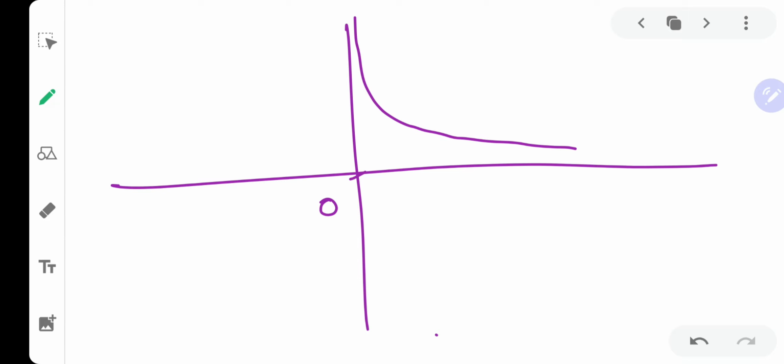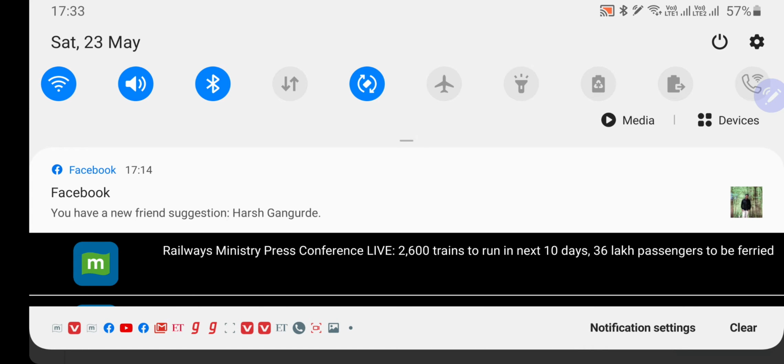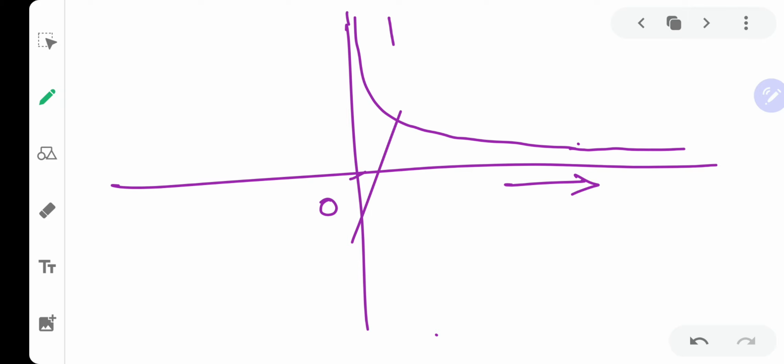It means at the value of x as infinity, the y value is trying to reach what? 1. But it will never be able to reach 1. It will be an asymptote at 1. So this is how the graph looks like. Just to the right hand side of 0, the value of y is infinity, and at x equal to infinity, the value of y is trying to reach 1.